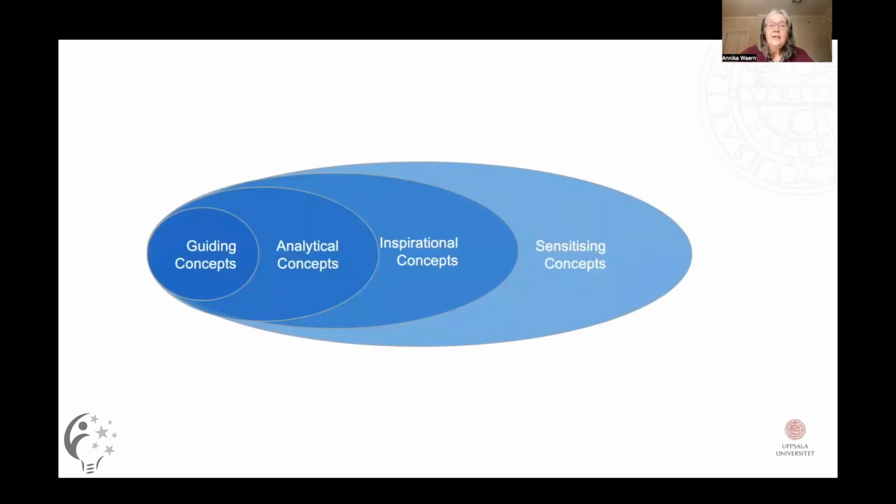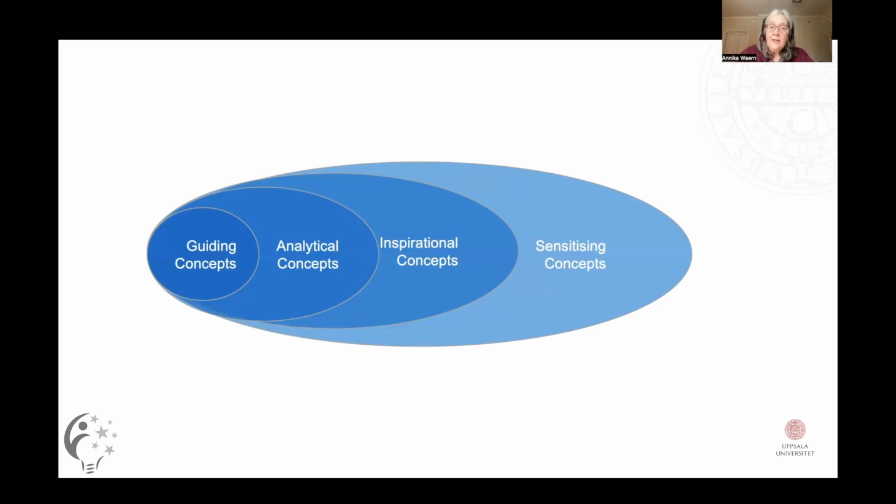Finally, I want to say that in a way, all concepts can be used as sensitizing concepts, and then they become more and more precise. So guiding concepts can be used also as analytical or inspirational concepts. But the more precise they get, the more narrow they also are in scope.